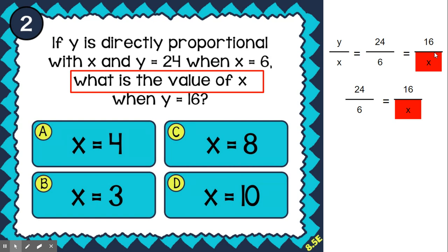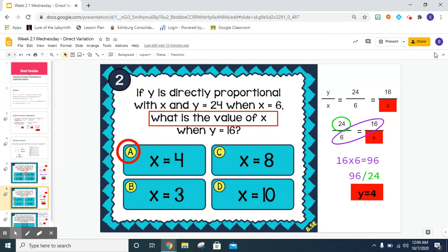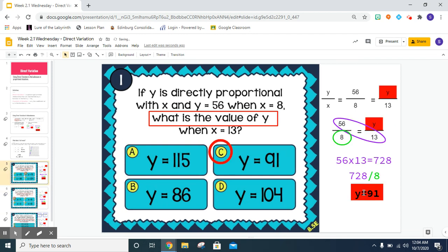All right, so let's go ahead and write that fraction down, or that proportion. And we're going to use the same thing that we used the last time. Cross multiply and then divide. So 16 times 6 is 96 divided by 24. 96 divided by 24, I get y equals 4, which actually this should be x equals 4, right?